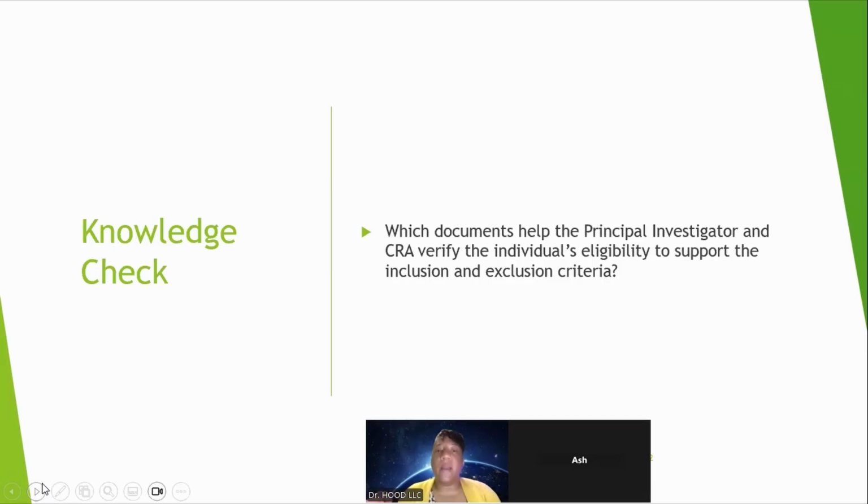So those medical records help us verify what's in that source. For their medication list, if for whatever reason medical records are not required, but you want to have some concrete evidence that they're on the right meds, right dose, they can get that list from their pharmacist as well, and we can add that into the chart.